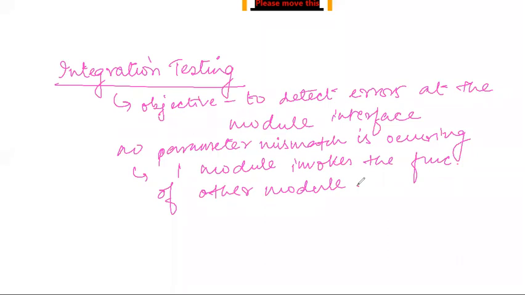Thus the primary objective of integration testing is to test the module interface, that is, no errors in parameter passing happen when one module calls another module's functionality. The main objective is to check whether the different modules of a program are interfaced with each other properly or not.